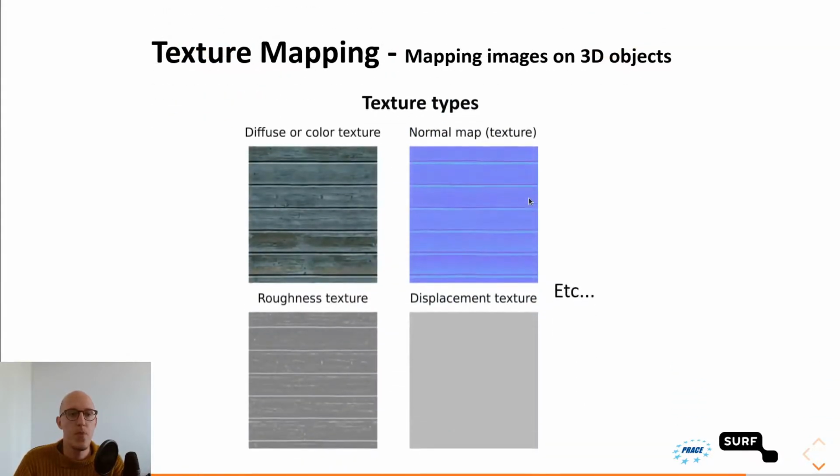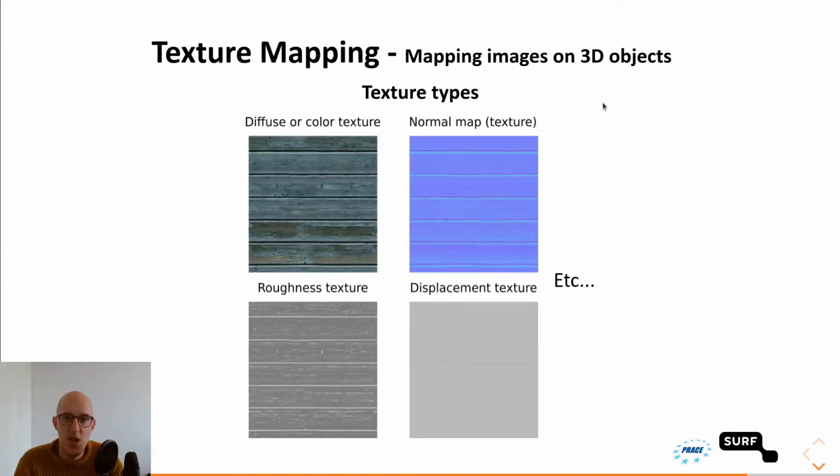When you're mapping textures on a 3D object, you also have different types of textures you can map on your 3D object. You can map, for example, a diffuse or color texture onto your object, which is basically just color values which you want to have on your 3D object.